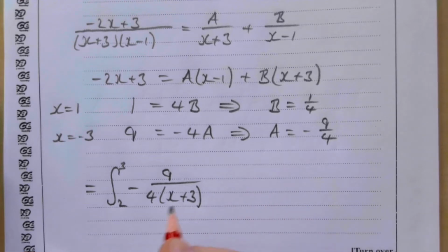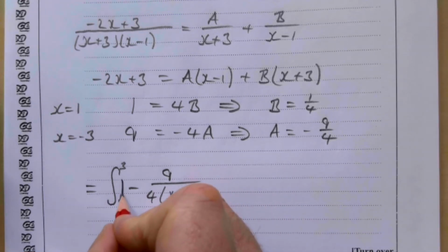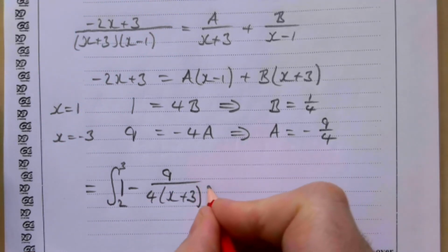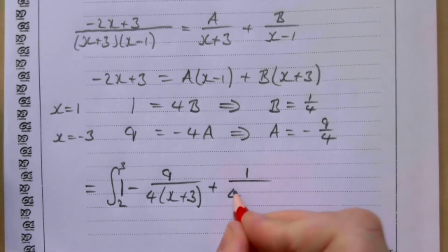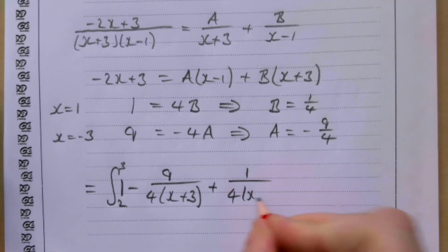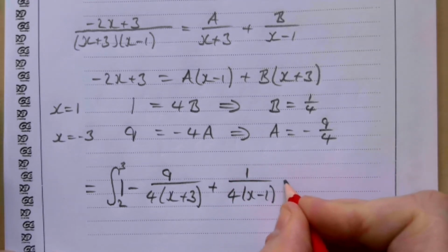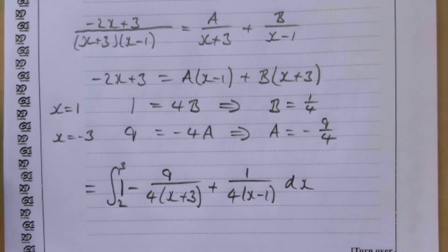I've forgotten the 1, ridiculous, sorry, 1 is here, plus 1 over 4 upon x minus 1 dx.